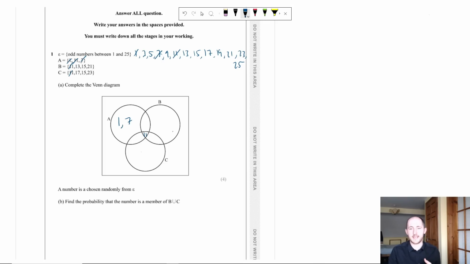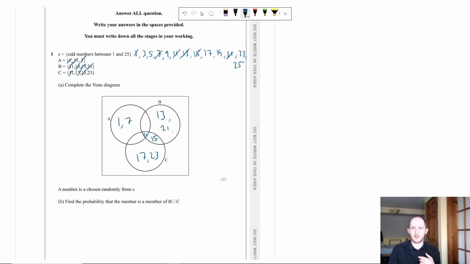Then we have 13, so that's just in B, so cross that out and cross that out. Then we have 15, which appears in B and C, so that's in the overlap region there. Boom, boom, boom. Then we have 21, which is in B only. Then we have 17, which is in C only, and 23.